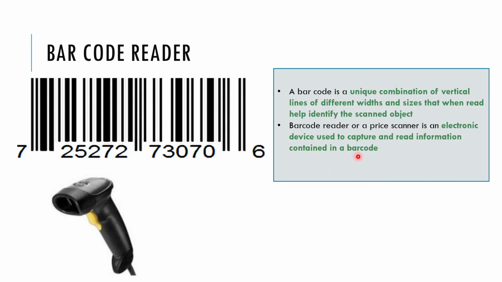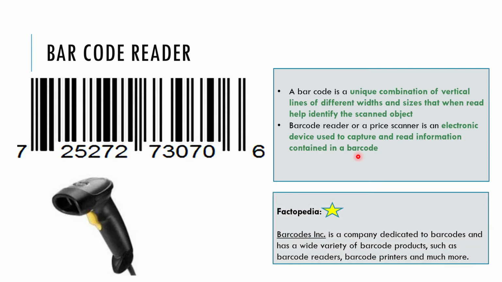And the cashier uses the barcode reader to scan the barcode on each purchased item, which is entered as an input to the computer. And then the computer uses this information to identify the product.